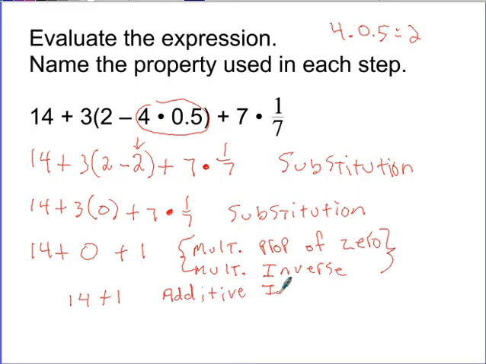Okay, identity property of addition would be another way to say it. Additive identity. And now what is 14 plus 1? Okay, we kind of end where we started up here. What did I just do? Took two quantities that were equal and I substituted 15 in for 14 plus 1. So this one is substitution.